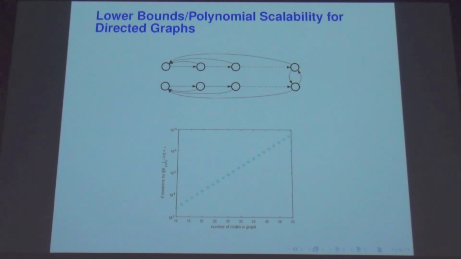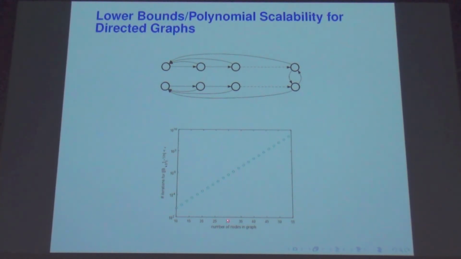The best algorithm that we have for directed graphs has the following property: the x-axis is the number of nodes in the graph, and the y-axis is the number of iterations that you require to reach an epsilon solution of the consensus problem. And this is in logarithmic scale.